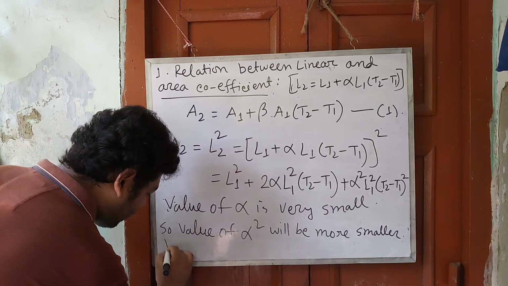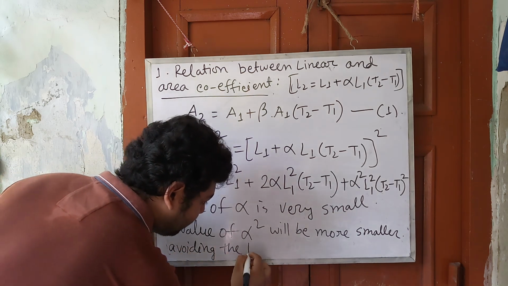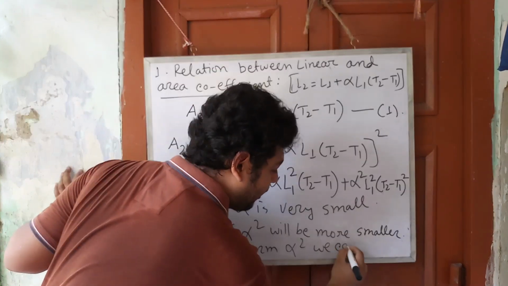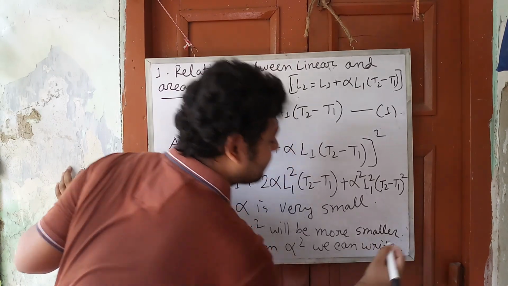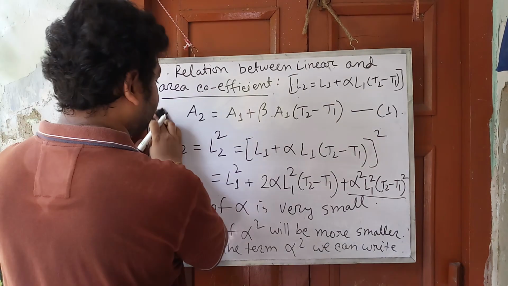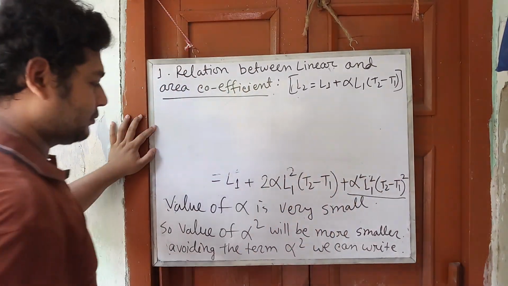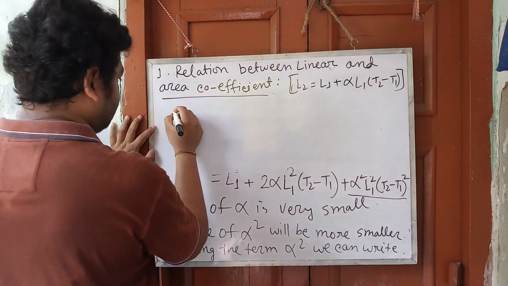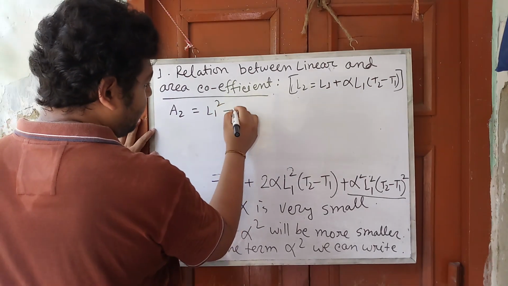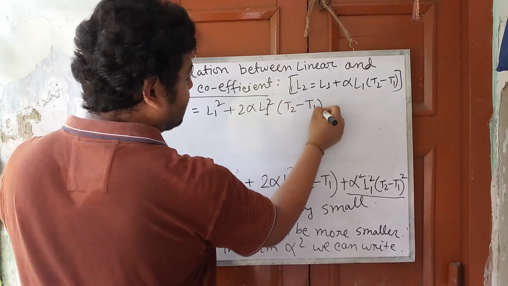Avoiding this part, we can write A2 equal to L1 square plus twice alpha L1 square T2 minus T1.